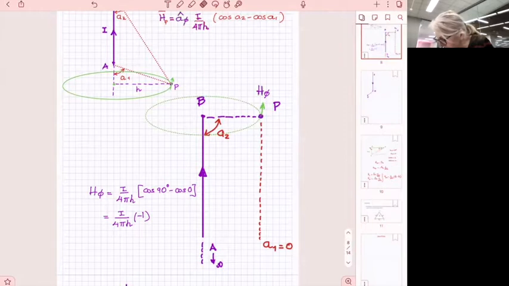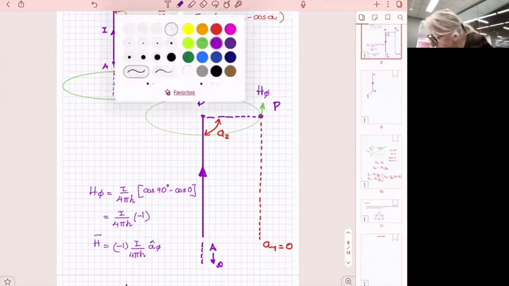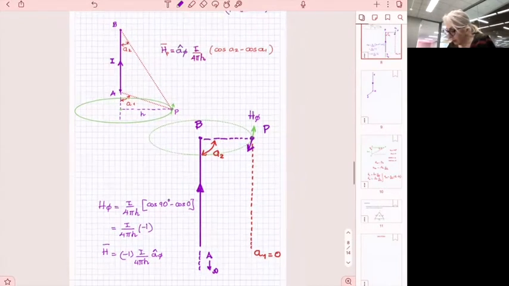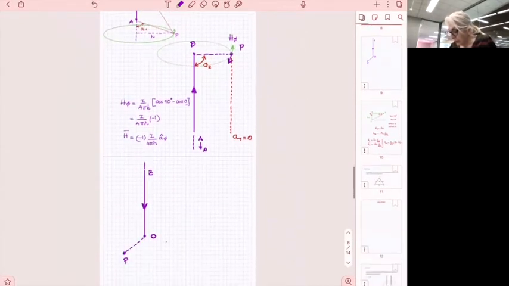All right, so in reality with a negative sign there, if I put there h, it would be minus 1 I over 4 pi h a sub phi, which practically will force it to go along the opposite direction here. All right, so let's keep that in mind.